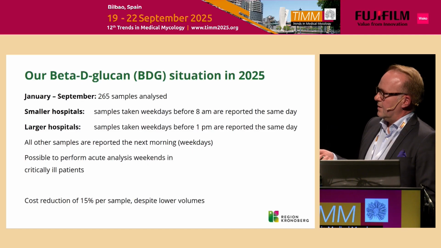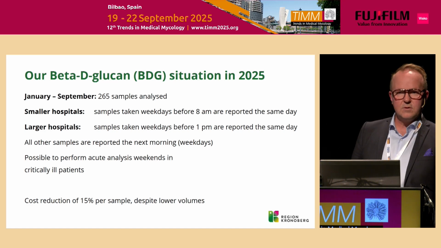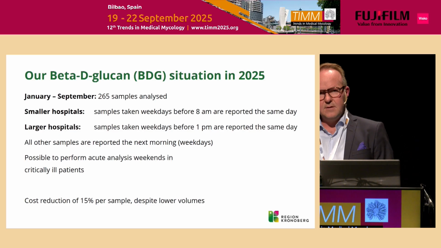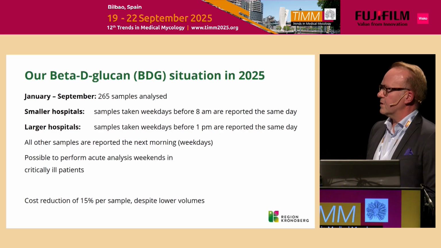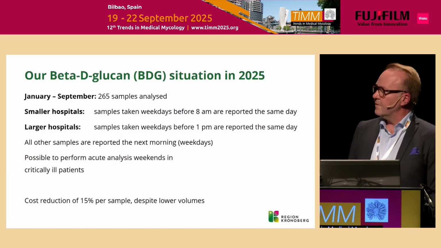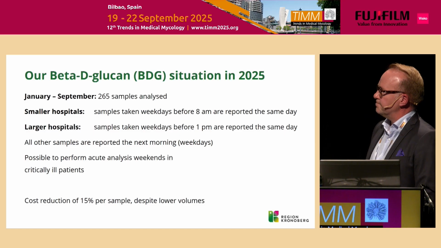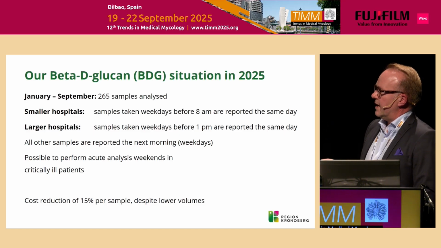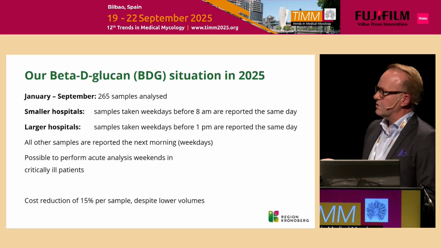Also, although infrequently, since it's very easy to learn and has a very short hands-on time, we can, in selected patients, also offer acute analysis if the patient is critically ill. And we have calculated a cost reduction of 15%. I think actually this is wrong. I think it's 25%.